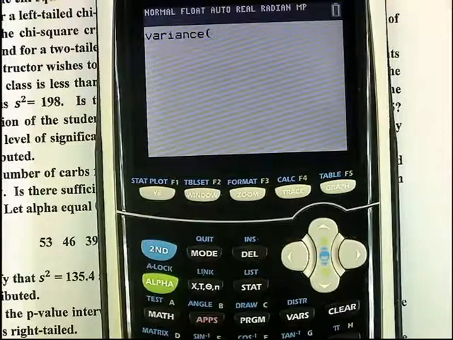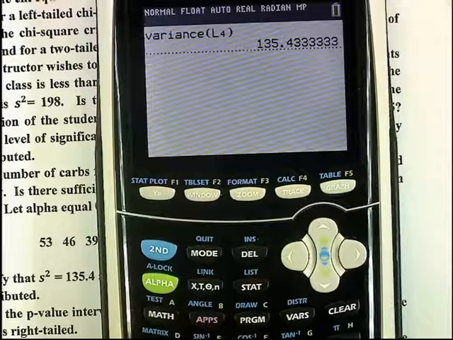And the calculator is saying where's your data, and it's in L4, and I'll close that in parentheses. And so I did verify that it's 135.43 repeating, but since my raw data values are whole numbers, round to the nearest tenth, an additional decimal place, according to Chapter 3.